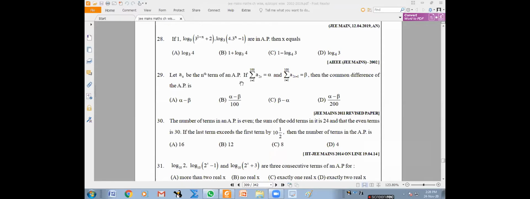That is also not there in the options. You don't have 1 minus log 4 base 3. So we are getting 1 minus log 4 base 3, but maybe he has given something else.